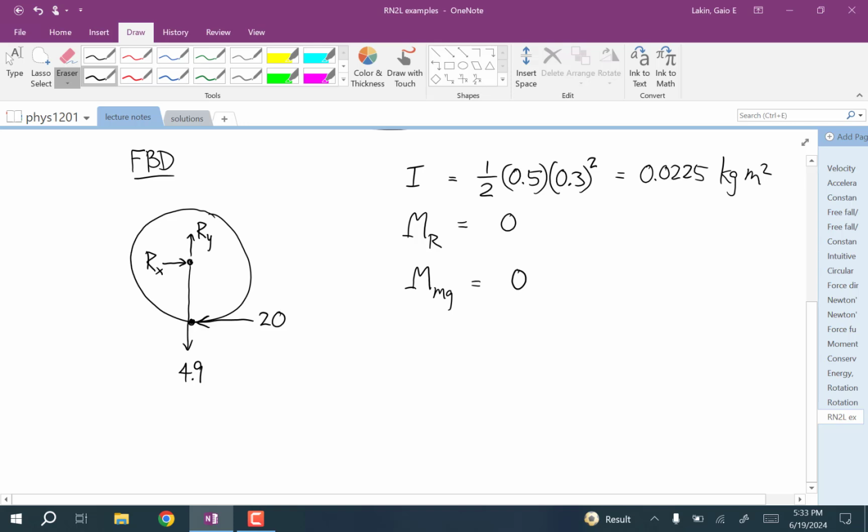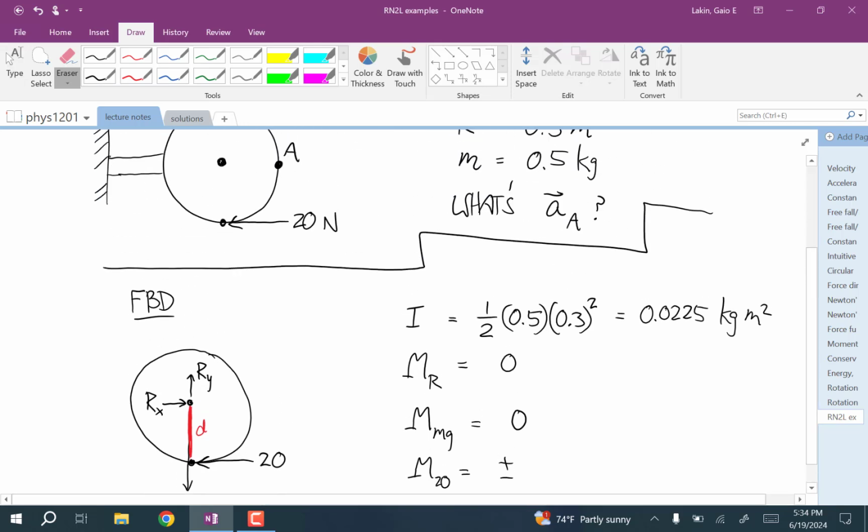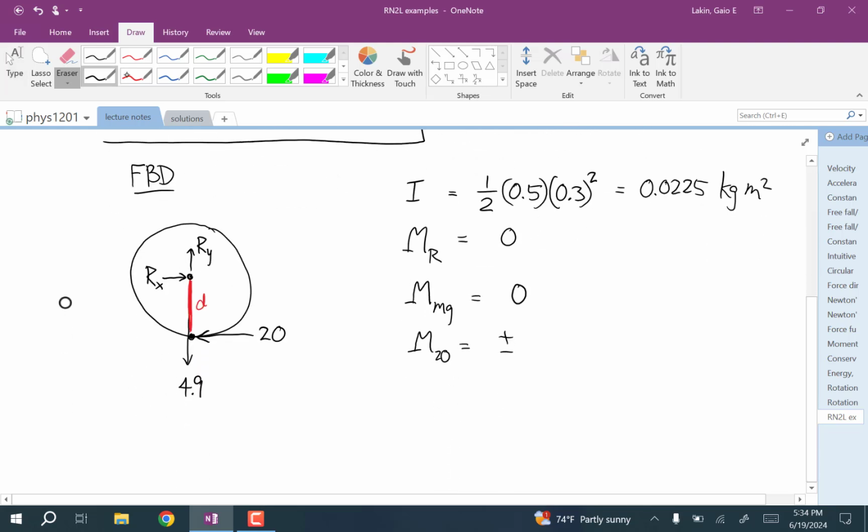And then the last one we have is this 20 Newton force. That force is already perpendicular to the line from the hinge to where the force is applied. And so the distance for this 20 Newton force is this. And that's just the radius of the disk, which is 0.3 meters.